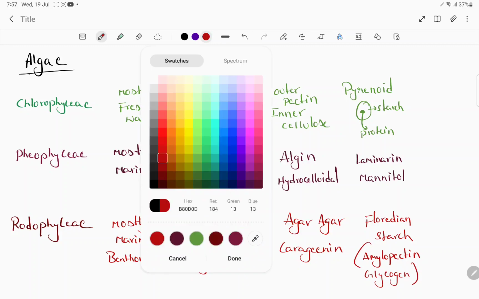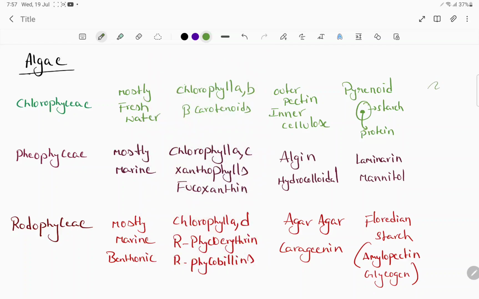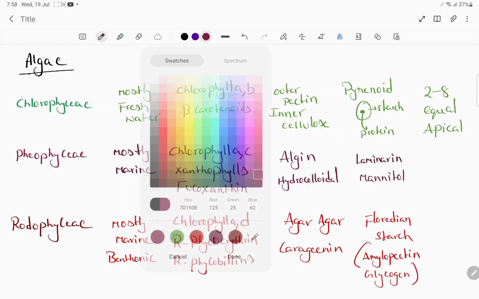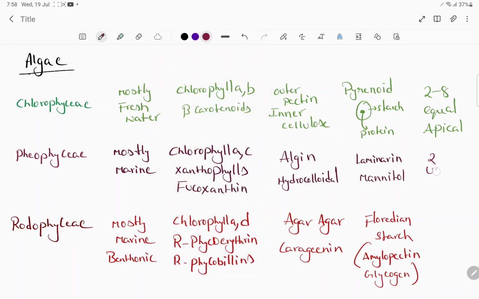So let's talk about flagella. For flagella it is 2 to 8, equal and apical. Here it is 2, unequal, lateral.